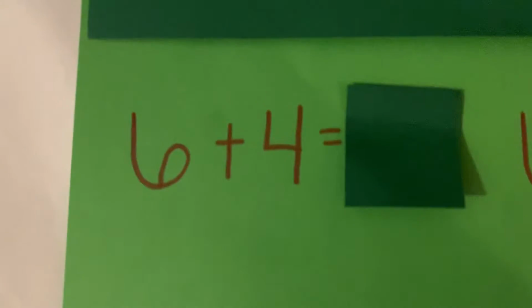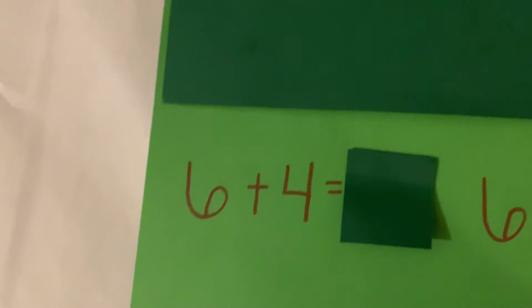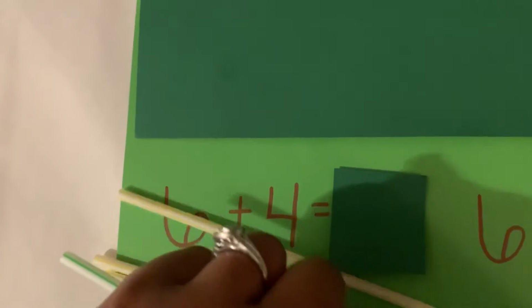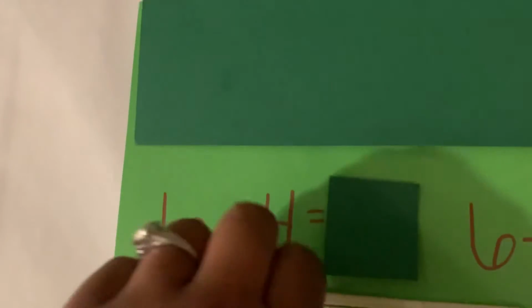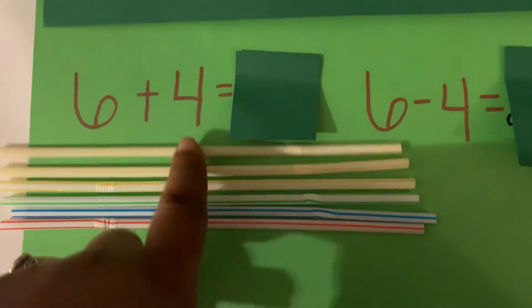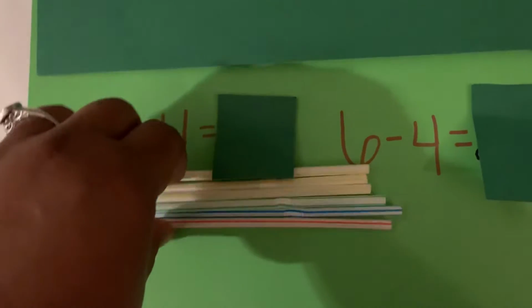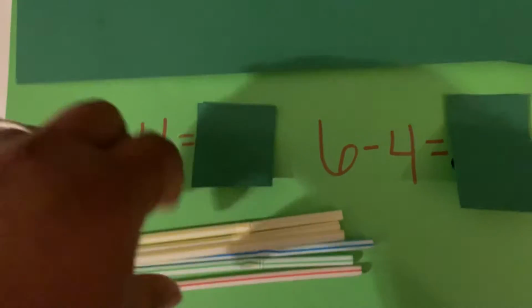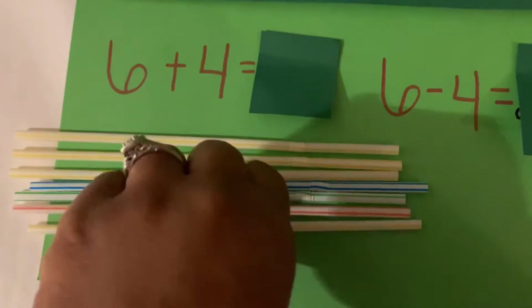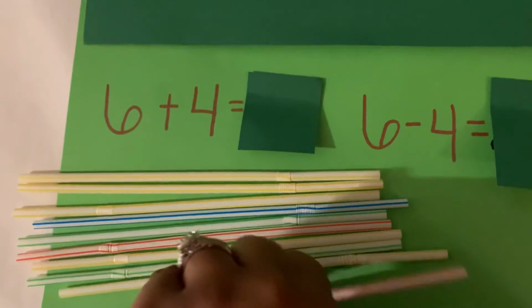Okay, so we have 6 plus 4. 6 plus the number 4. So we're going to start out with 6 straws again. 1, 2, 3, 4, 5, 6. And it says we're going to add 4. 1, 2, 3, 4.